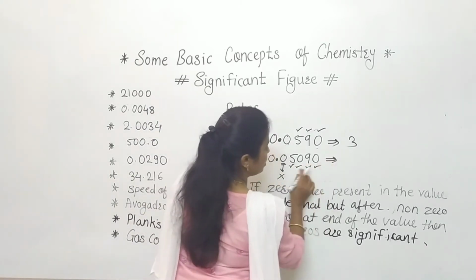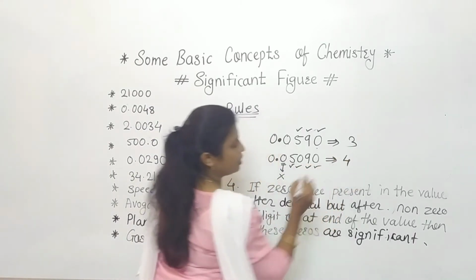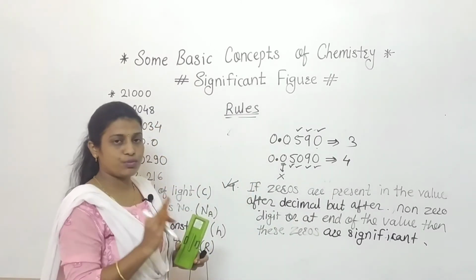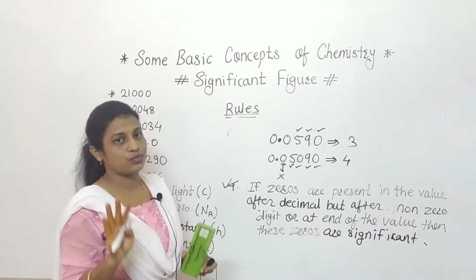So for this second value significant figure is 4. So this is the fourth rule. Hope so everyone understood all these 4 rules.